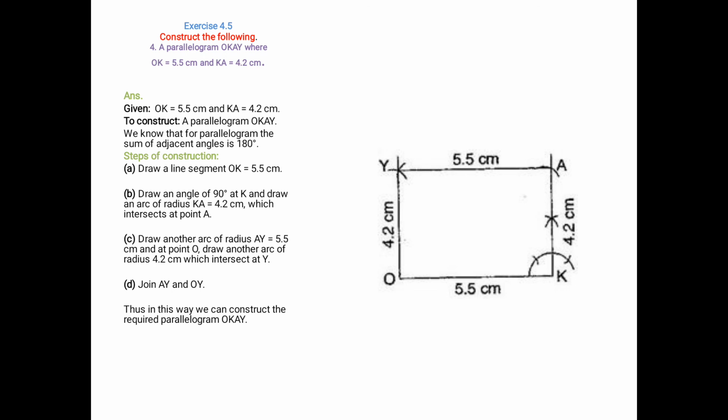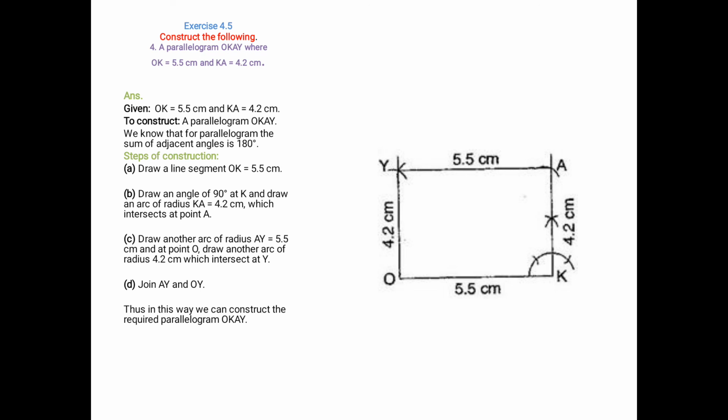Here, let us check another example about parallelogram OKAY, where OK is equal to 5.5 cm and KA is equal to 4.2 cm. Well, we know that for a parallelogram, the sum of adjacent angles is 180 degrees. So, in order to construct a parallelogram OKAY, we will have to follow the following steps of construction. Draw a line segment OK of length 5.5 cm.